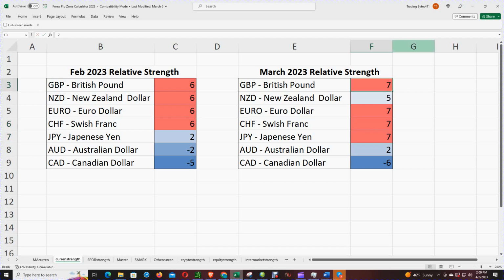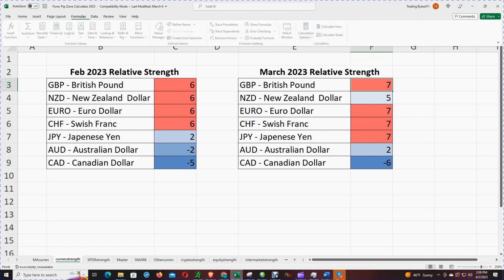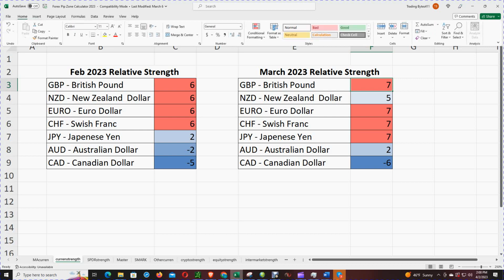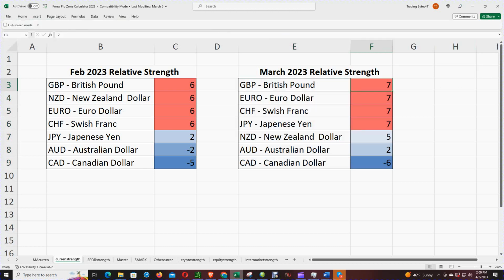Okay, so if we rearrange, let's see here. Okay, if we rearrange from the hottest to the lowest, we can see a similar relative strength relative to February.